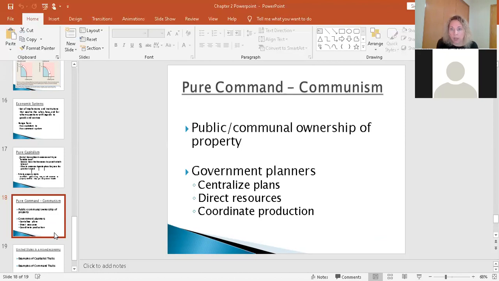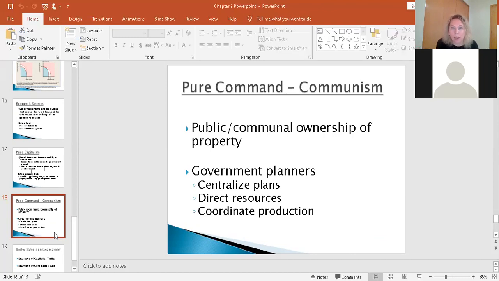When we talk about communism in the context of economics, it's an economic system that at its core could be a good thing. Now, the problem is it's not typically applied the way that it's portrayed, as to benefit everyone.